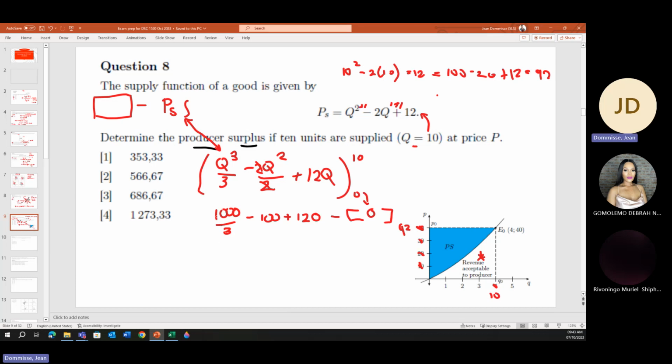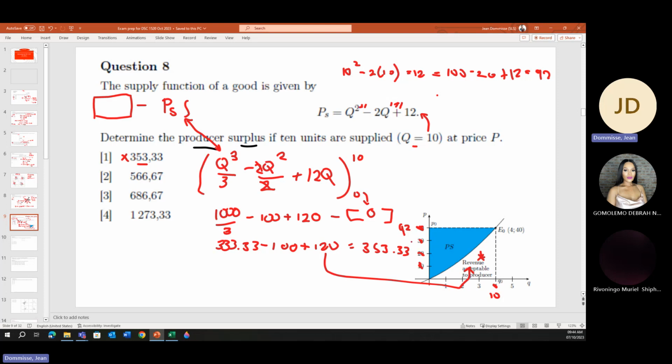So 1,000 divided by 3 is 33.33, minus 100 plus 120 gives us 353.33, which, look, there is an option, but that is only this component. So it's not the answer yet.